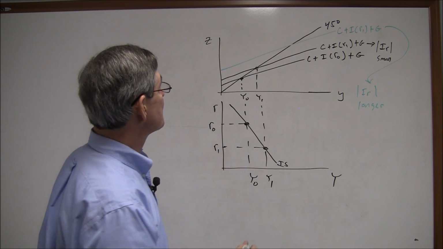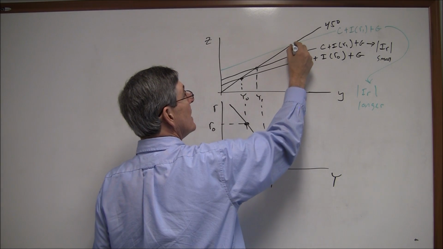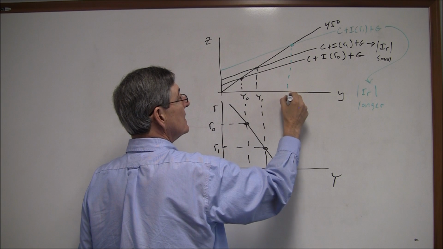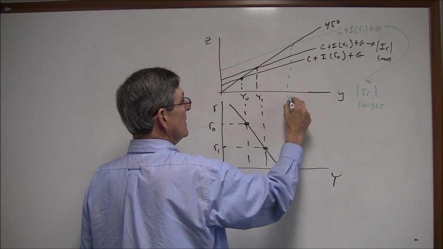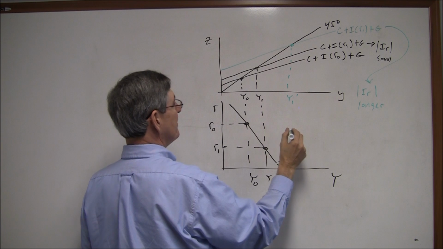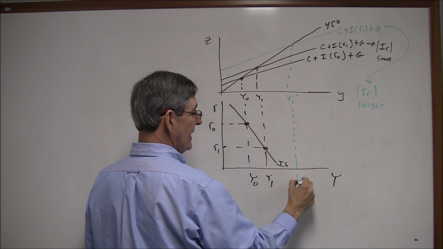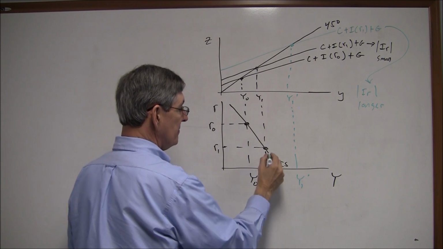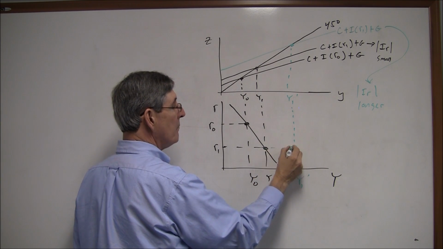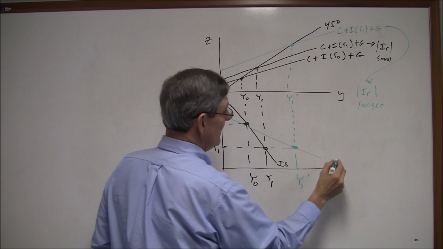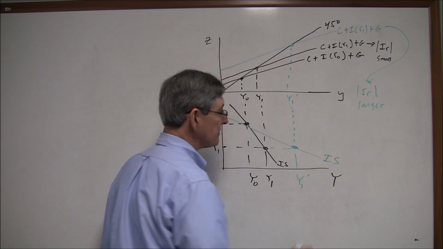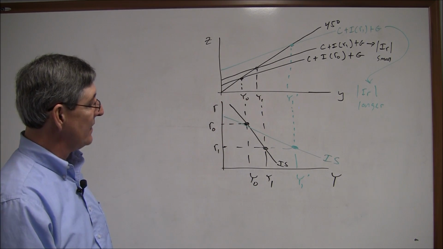So because it's larger, we get a bigger shift, right? So there's Y1 prime. So in that case, we'd be there. So that would be our point on the IS curve. And we can see that the IS curve gets flatter.